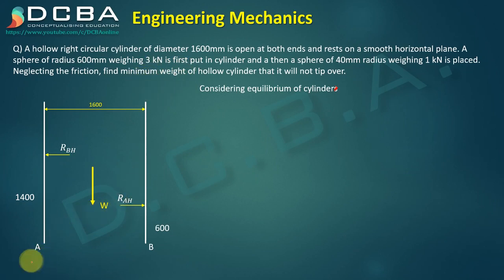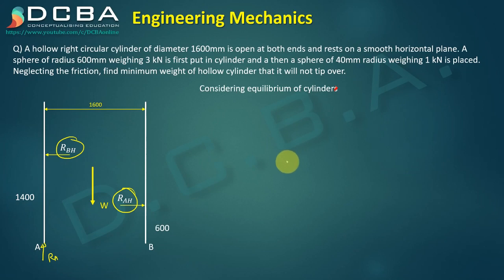So where would all the reactions be, let us see that. First of all, RBH is the force which is pushing, RAH is also a force which is pushing. Then there will be a reaction at A, RA I would say, but this reaction is not going to come into the moment equation because we are taking moment at the same point, right?